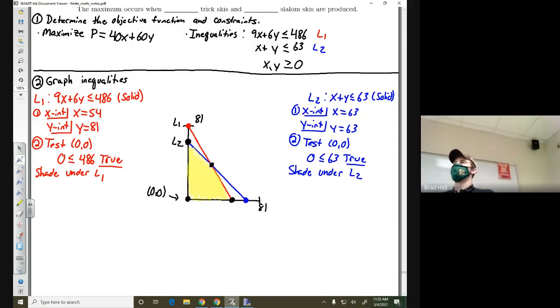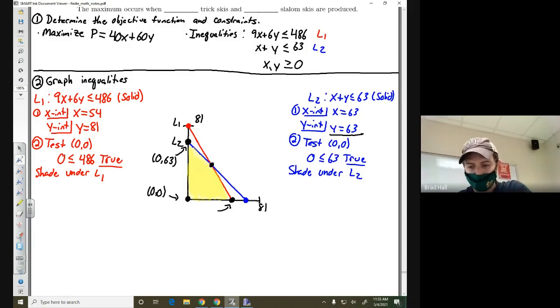Now again, one reason why it's good to label your lines is because when figuring out, say, this point, you could say to yourself, well, that point is the Y-intercept of the second line, which we already found over here. The Y-intercept of the second line was 63. That's 0, 63. And similarly, say this point down here.